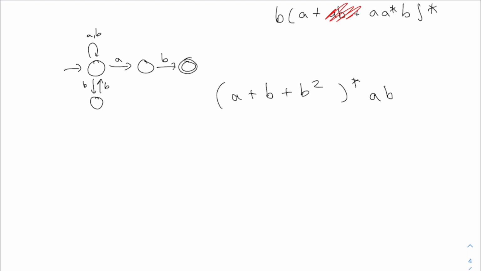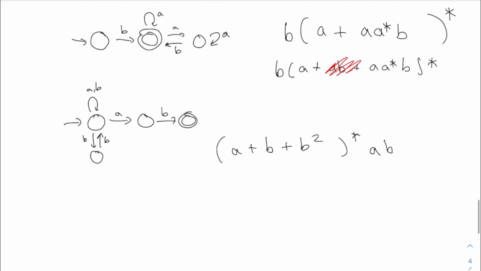Now, some of you noticed, in a similar way to the thing that I just said above, there is a redundancy here because I have a single B inside of a star. That means you can do any number of B's. At that point, it's not necessary to also say you can do any number of B squareds, right? Because this B already can make any amount of B's that you want.